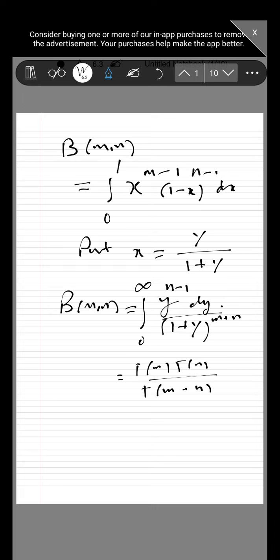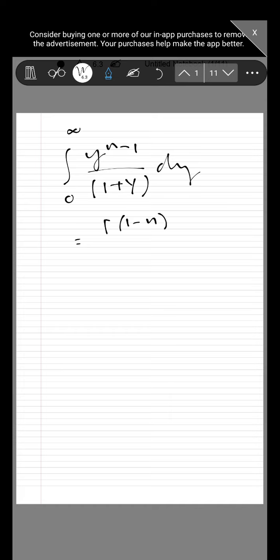Now if we let m equal to 1-n, where n is between 0 and 1, we have the integral from 0 to infinity of y^(n-1) divided by (1+y) dy, and this is equal to Γ(1-n)Γ(n) divided by Γ(1), and Γ(1) is equal to 1.